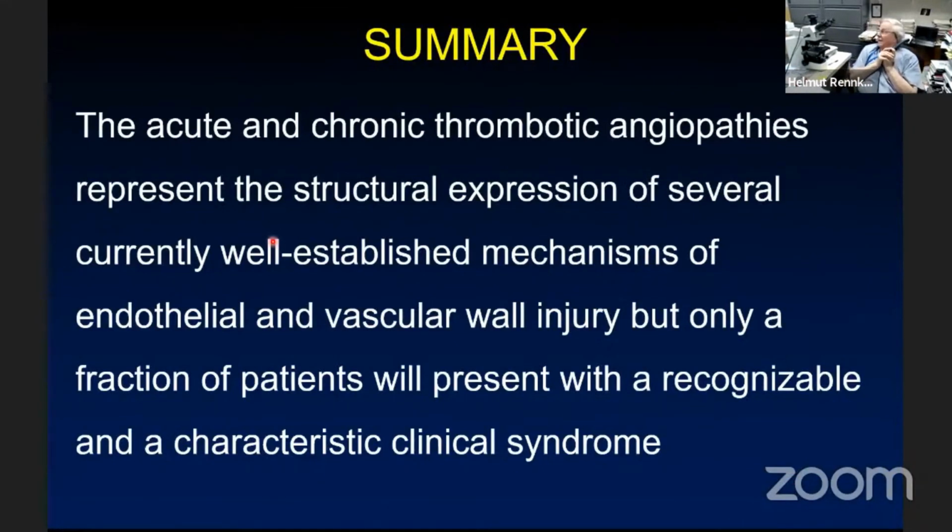Therefore, in summary, I think that the acute and chronic thrombotic angiopathies represent the structural expression of several currently well-established mechanisms of endothelial and vascular wall injury, but only a fraction of these patients will present with a recognizable and characteristic clinical picture, let's say a typical HUS or TTP.